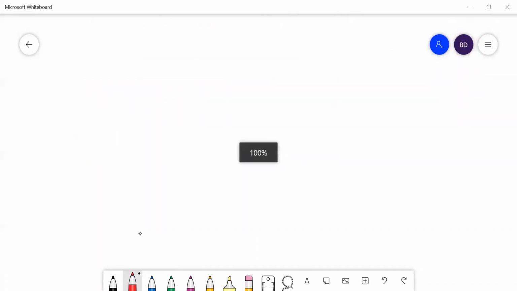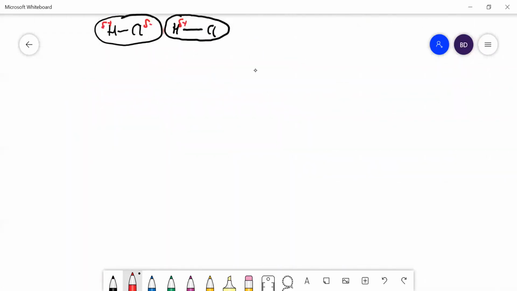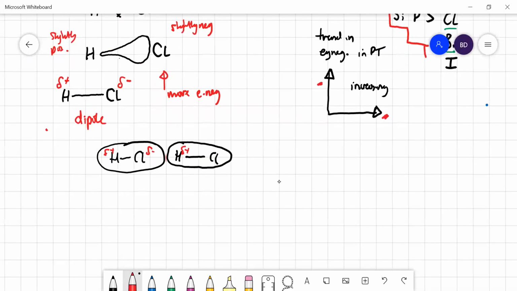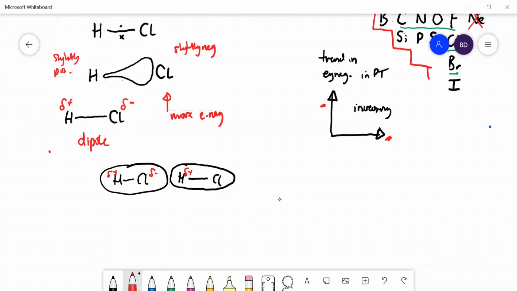That's a type of intermolecular force, which we'll talk about later, and it holds them together. At GCSE, you talked about intermolecular forces, but you never said what they actually are. Hopefully now you should have some appreciation of the nature of intermolecular force.